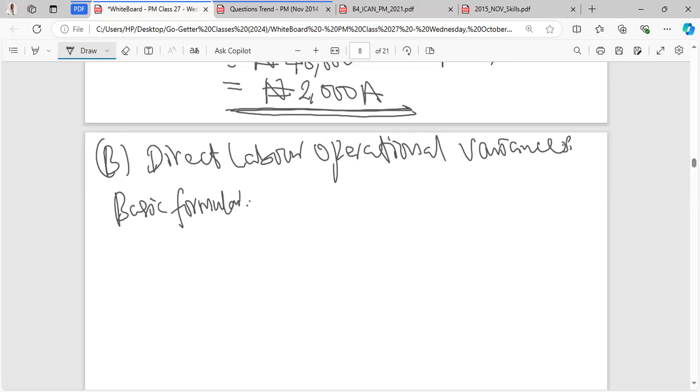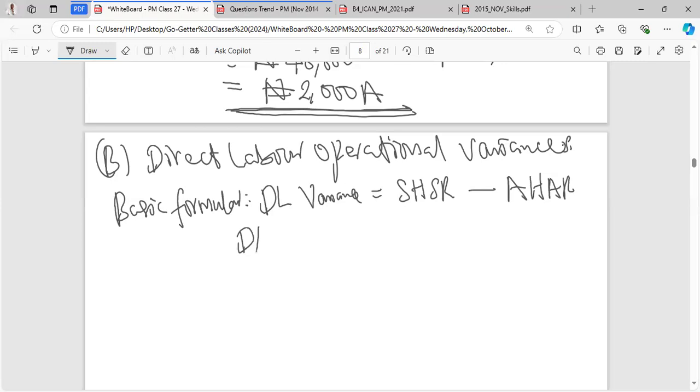So we have direct labor rate variance. We know that it is standard rate minus actual rate. Then we know that direct labor usage variance. For usage variance, we know it is standard hours minus actual hours, times standard rate.